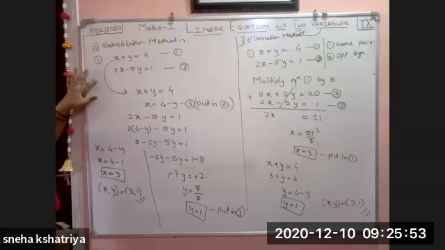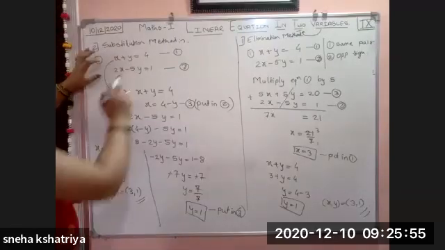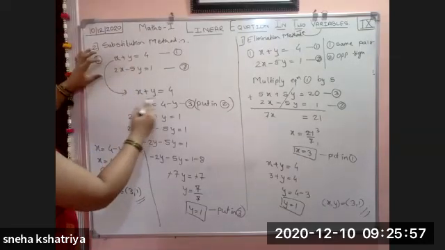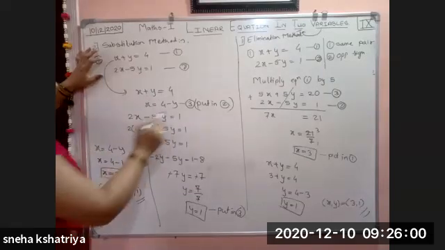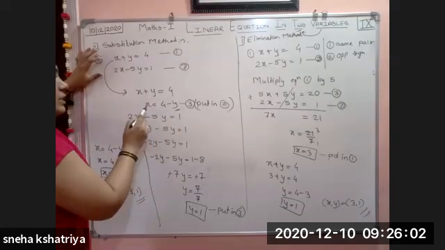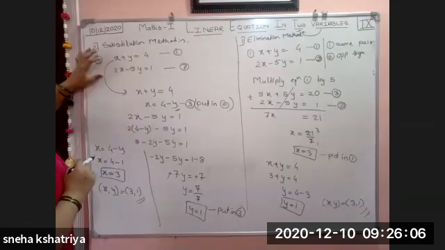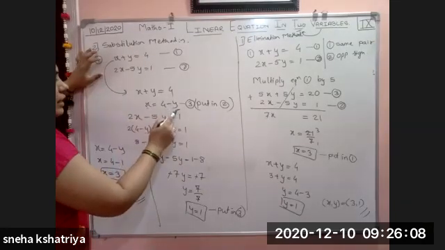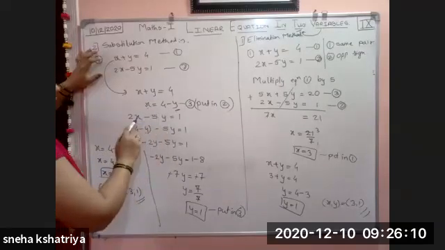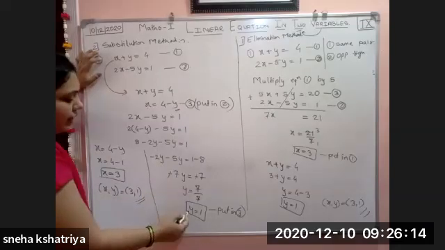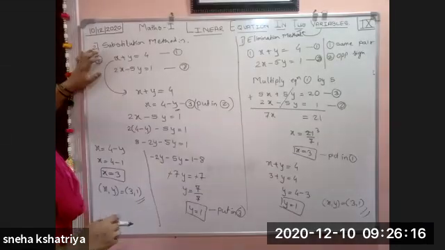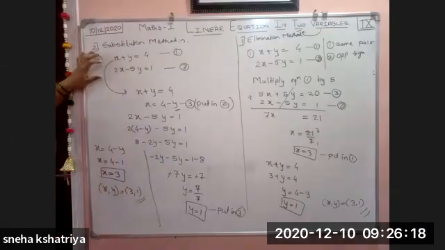And in the substitution method, what you have to do? From these two equations, you have to find the value of any one variable in the form of the second variable. See here, x we have formed in terms of y. So that value you have to put in the second equation. Here we are going to solve it. We get the value of the second variable, and that again we have to put in any one equation.